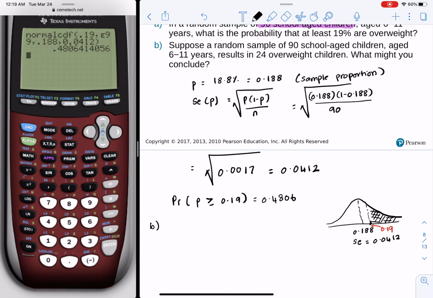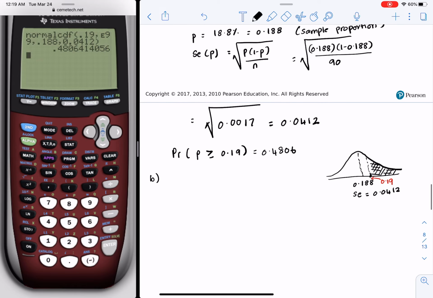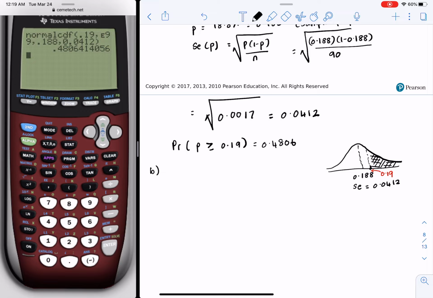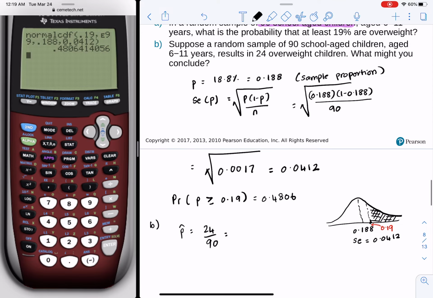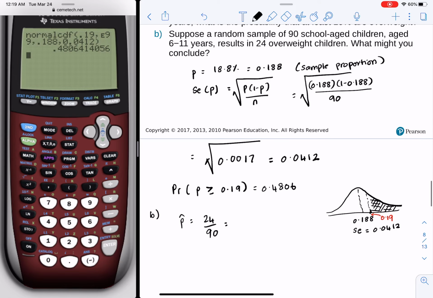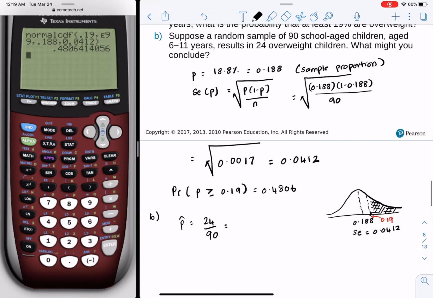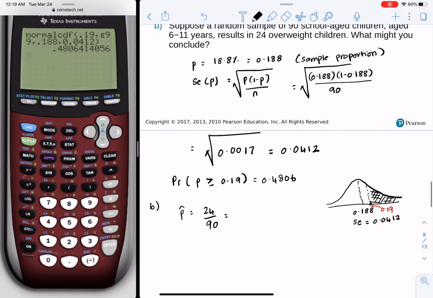So suppose a random sample of 90 school-age children aged 6 to 11 years results in 24 overweight children. What might you conclude? So right now we have another estimate which states 24 out of 90 children aged 6 to 11 years are overweight.